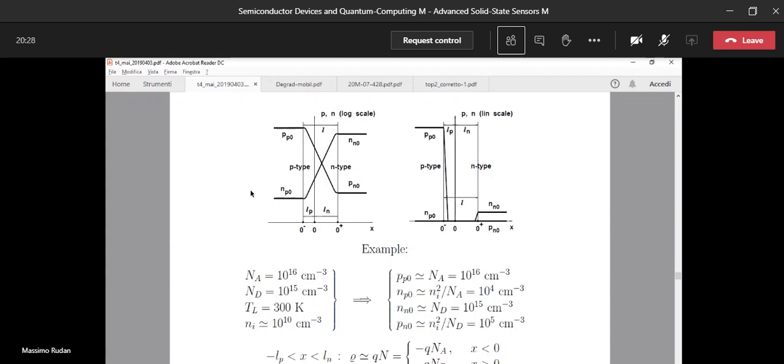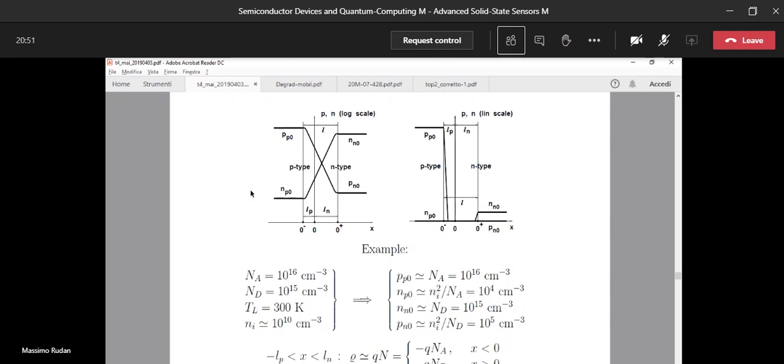Then we calculate Pn0, that is the minority carrier concentration in the N region, and this is obviously equal to Ni squared divided by Nd. That makes 10 to the 20th divided by 10 to the 15th, sorry. So we have 10 to the 5th.